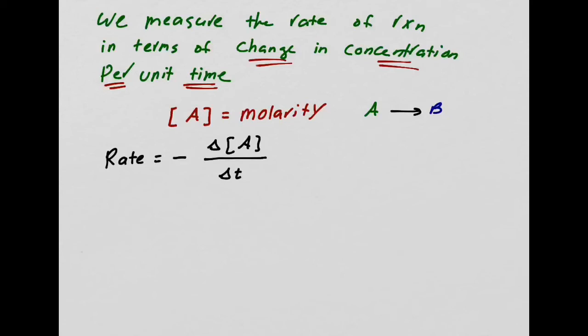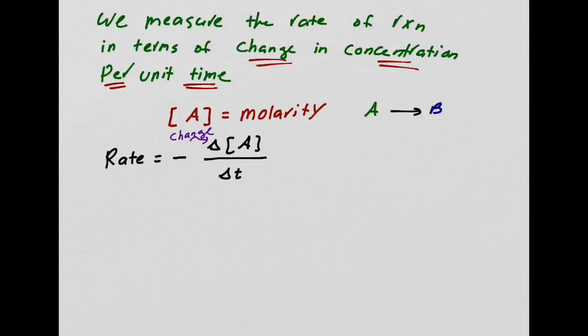And it's easier to look at the change in concentration for the reactant, yeah? So the rate is going to be minus, and I'll talk about it in a second, the delta concentration of A over the delta t. And again, what does delta mean? You know that. Delta means change. So change in concentration of A over change of time, because the rate is change in concentration per unit time. So far, so good.